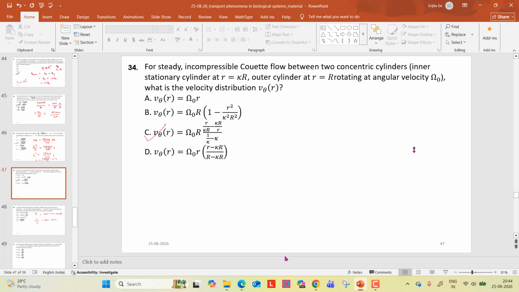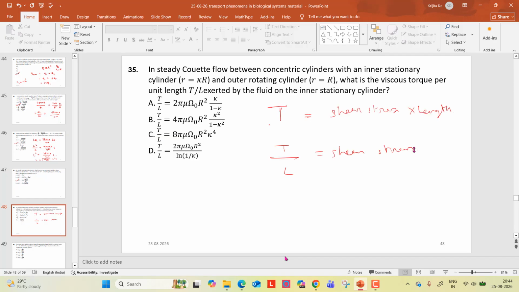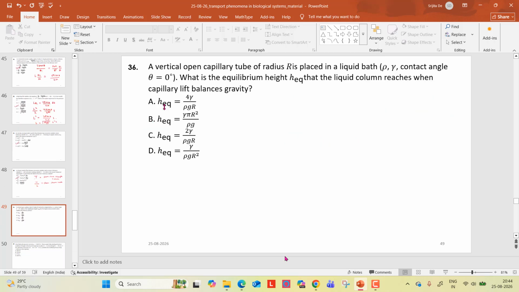If you know the V theta, you will be able to calculate the shear stress into area, obviously. Shear stress into area is the shear force. If you do it yourself and match it with the equation, it will be coming as option B. Just cross check if it is correct or not.